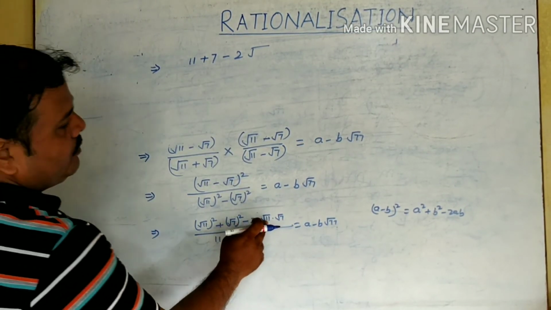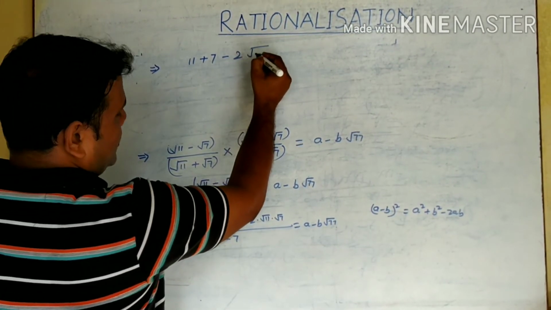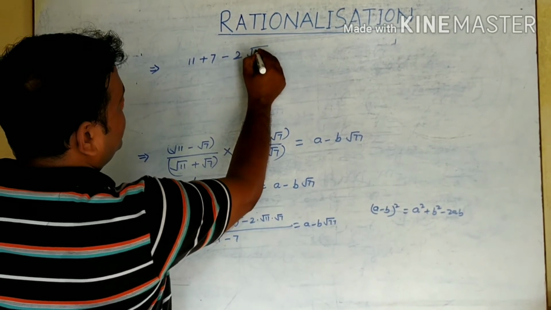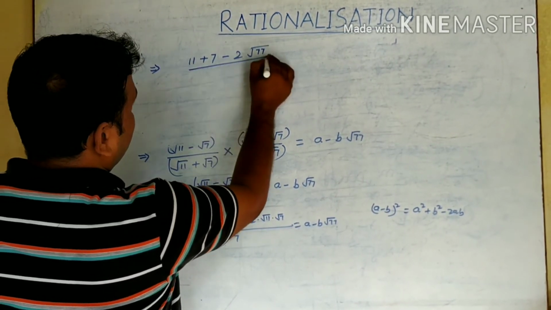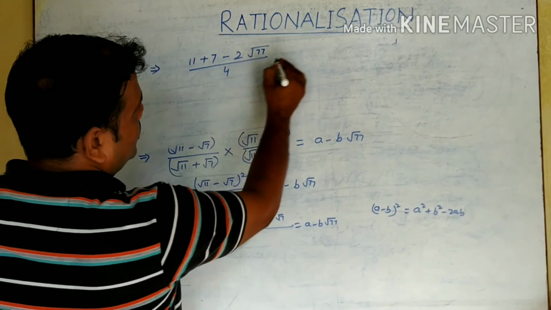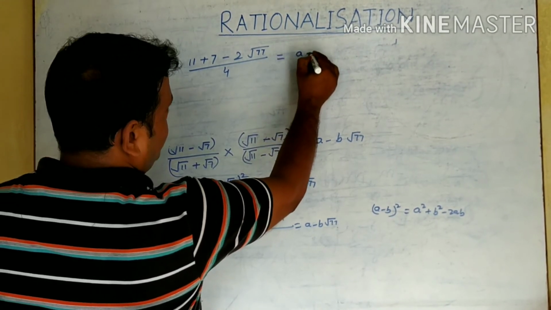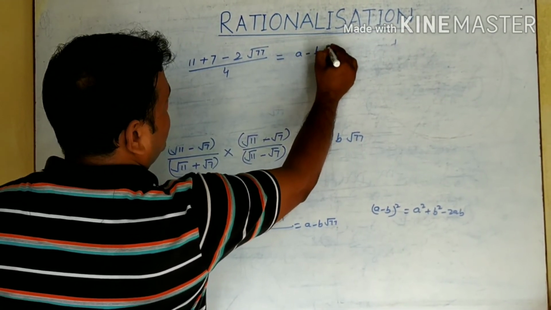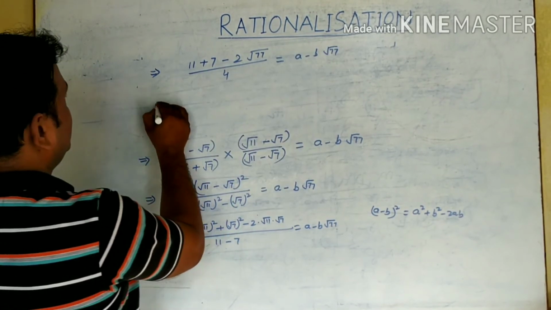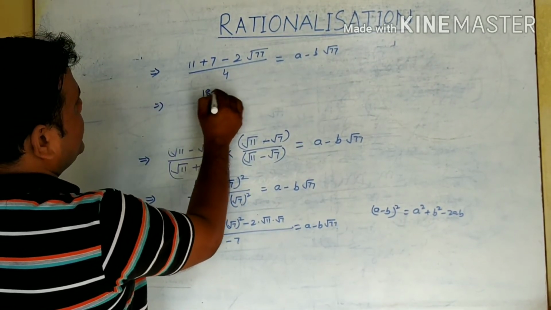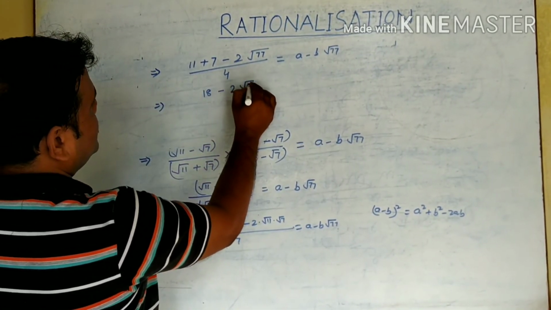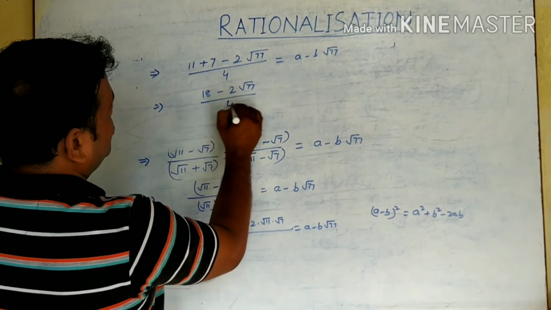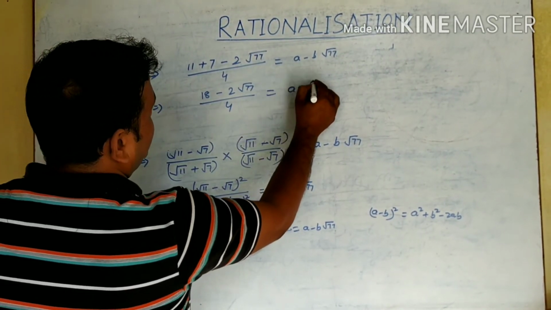So here it will be under root 11 into under root 7, that will be equal to 77, by 4 here, that is equal to a minus b under root 77. After that it will become 18 minus 2 under root 77 by 4, that is equal to a minus b under root 77.